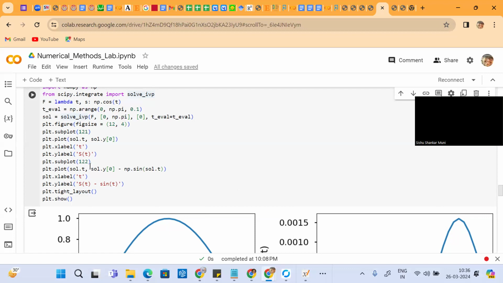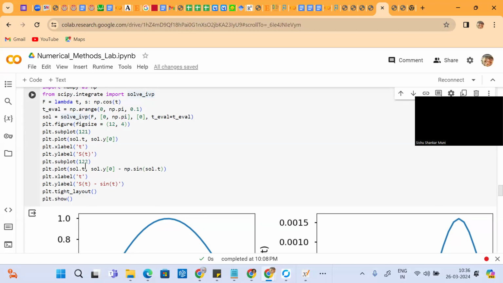So let's come to the next step. 1, 2, 2 means one row, two columns, but the second element, so it will be just side-by-side plots. Here you are giving the x-axis the same, sol.t, but the y-axis is a bit different. We are computing the error here.